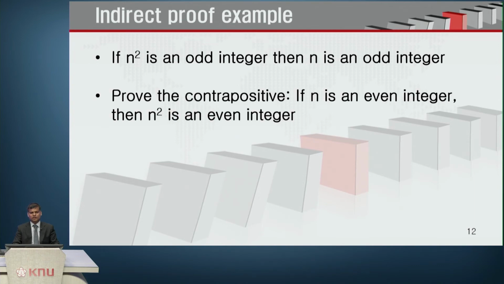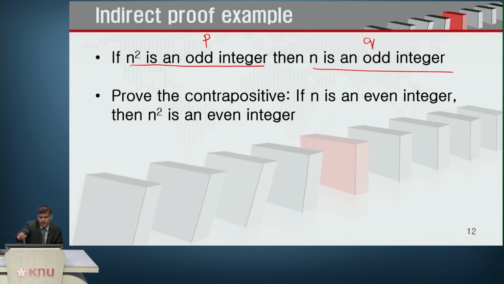To prove this, we do the approach by means of a direct proof on the contrapositive: if n is an even integer, then n square is an even integer. Can you see the relationship again? If n square is an odd integer, which is P, then n is an odd integer.